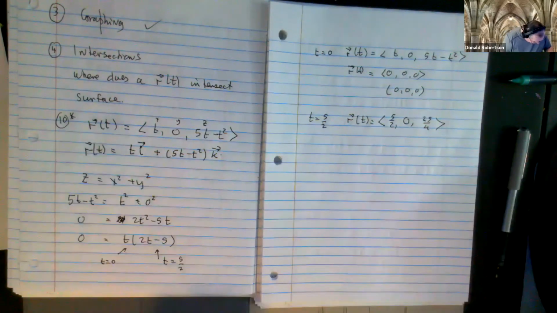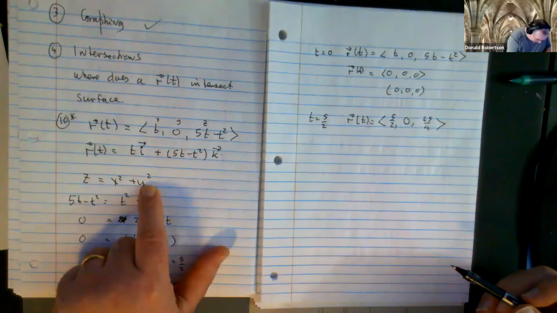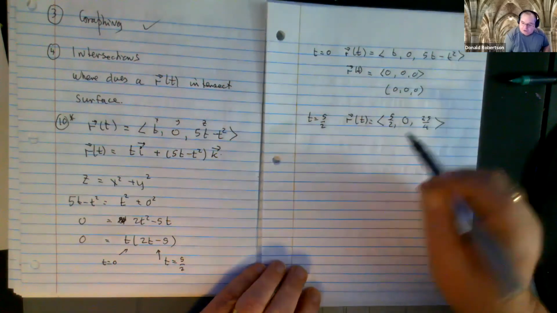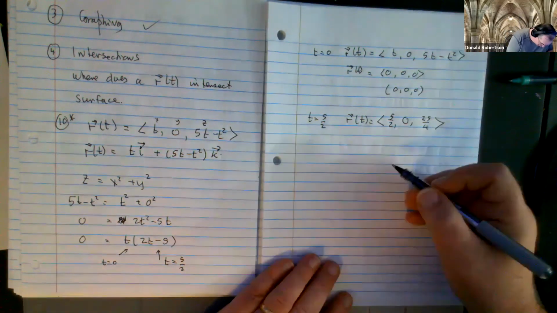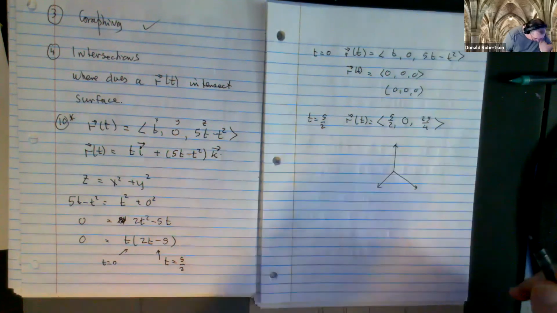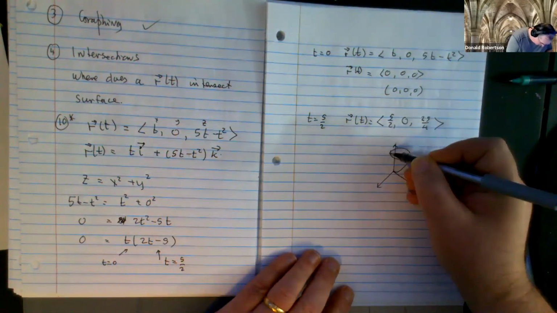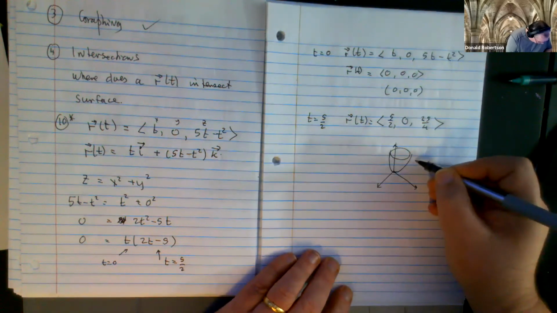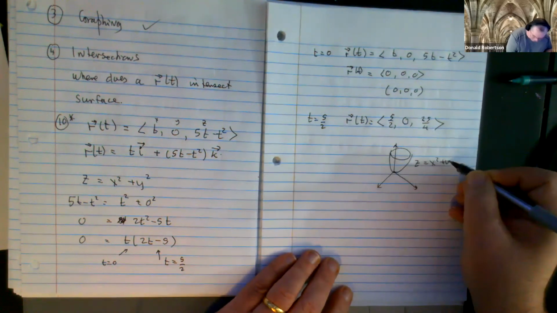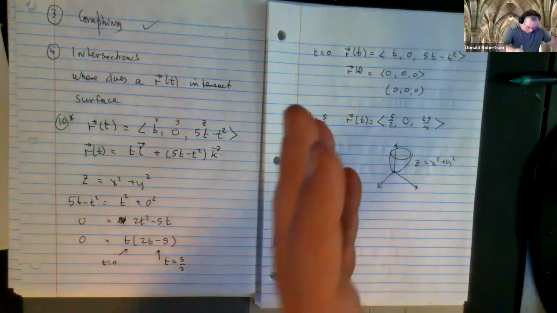So this space curve meets up with this surface, and it intersects in two locations. You could go into GeoGebra and actually draw the thing. That's roughly what z equals x squared plus y squared looks like if you do it right. It curves up like a big parabola.